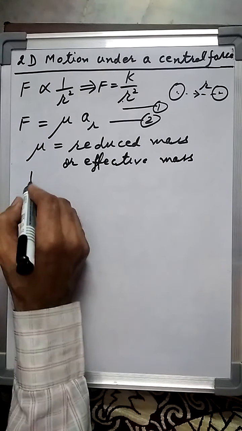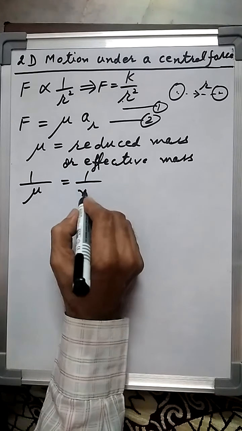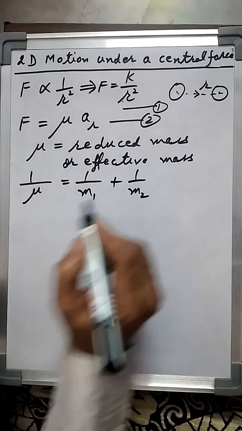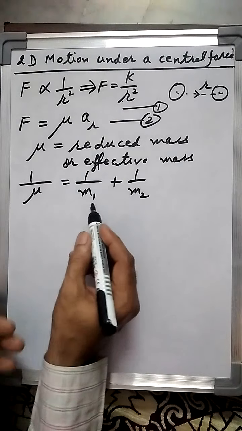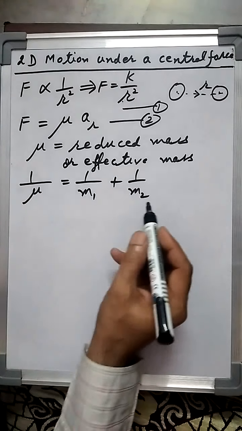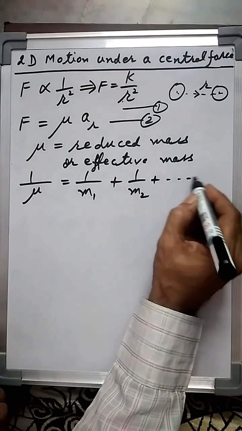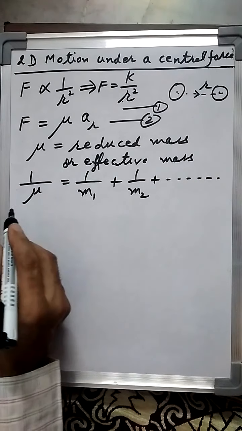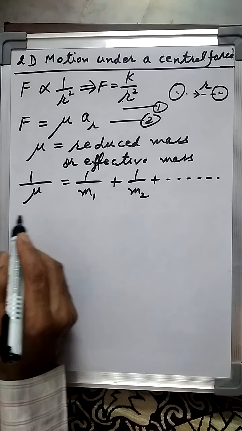It is calculated by the relation 1 upon mu is equal to 1 upon m1 plus 1 upon m2. If there are two bodies in the system, for example Earth and Sun, m1 can be the mass of Sun, m2 can be taken as the mass of Earth. If there are more than two bodies, this will continue with 1 over m3, and so on. This is how we calculate the reduced mass or effective mass of the system.